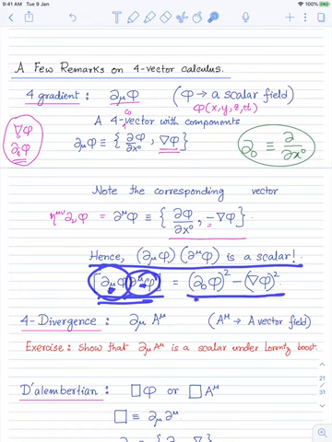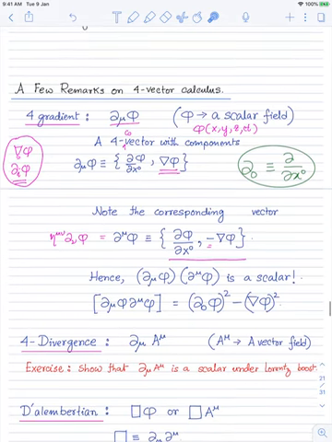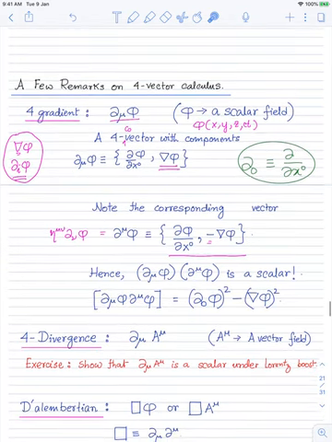This object therefore will be a scalar invariant, something which is invariant under Lorentz transformation. Obviously, this tells us it is invariant under rotations, and this particular form ensures that it is invariant under boosts as well.